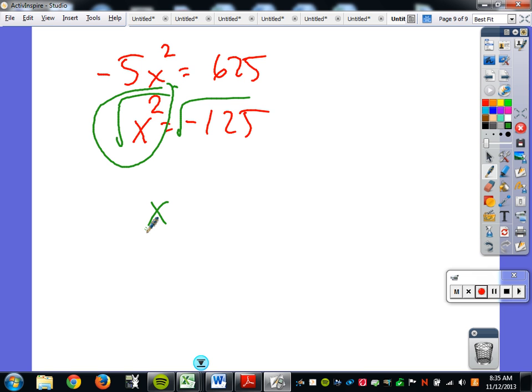What's the power here? 2. We're dividing it by the power of the root, which is what? It's a 2 right there, isn't it? It's a square root. So what's 2 divided by 2? 1. And that's why it's coming out to be 1, because we're performing that square root, and a square root gets rid of a square.